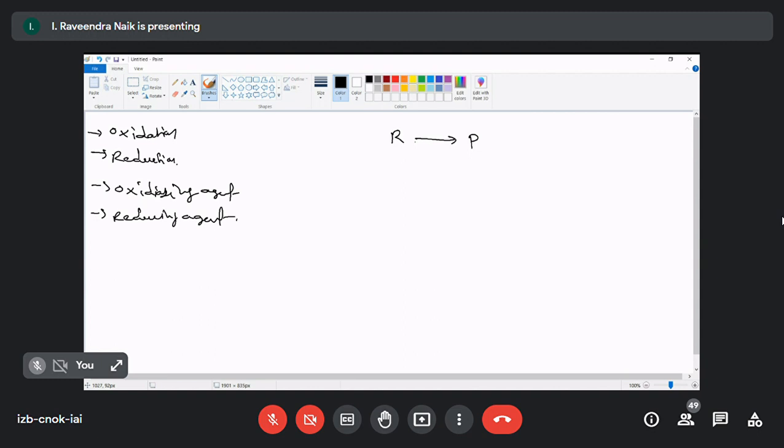In various applications here, generally oxidation, ma please listen. Oxidation means, according to the equation, addition of oxygen.